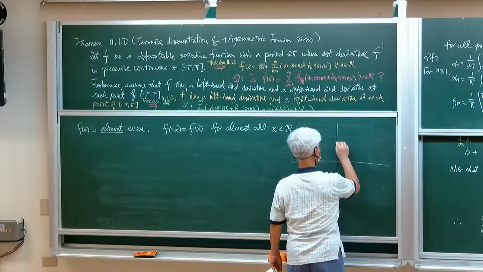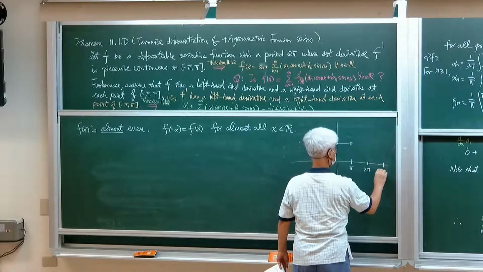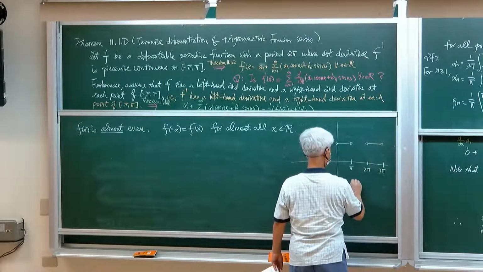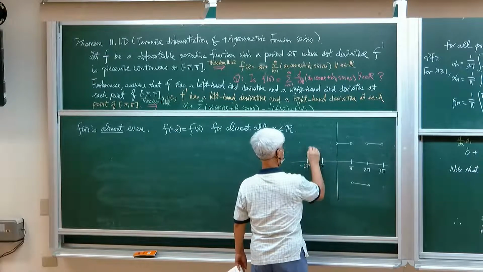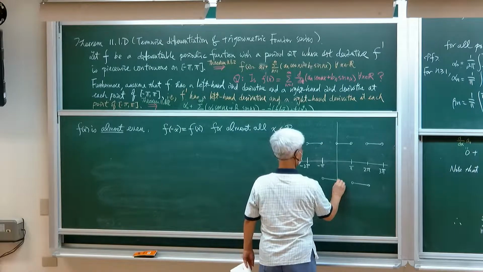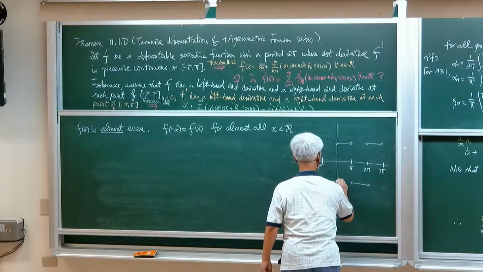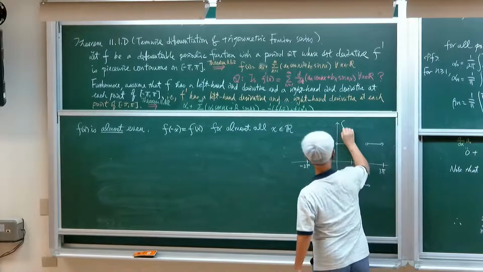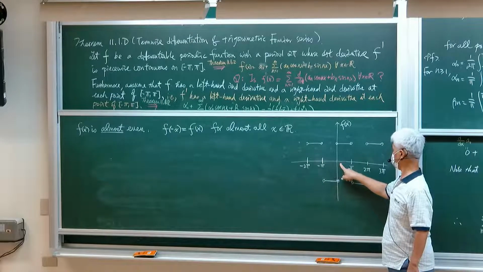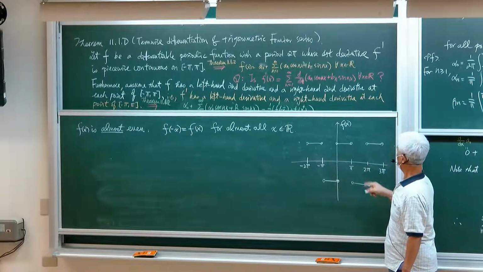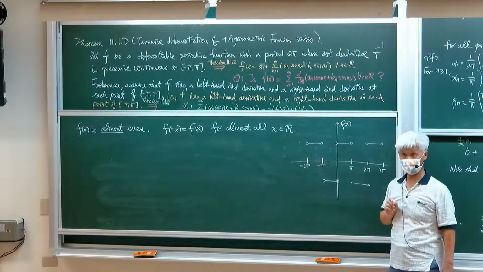So let me demonstrate the idea. When we look at the periodic function of x, except at the points which are integral multiples of pi, it is an odd function, right?